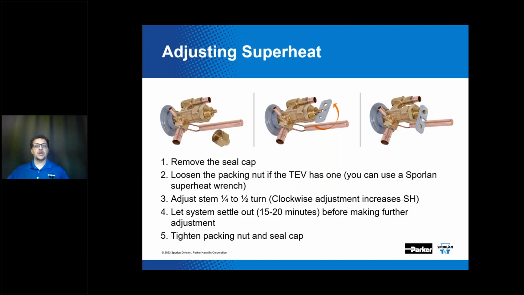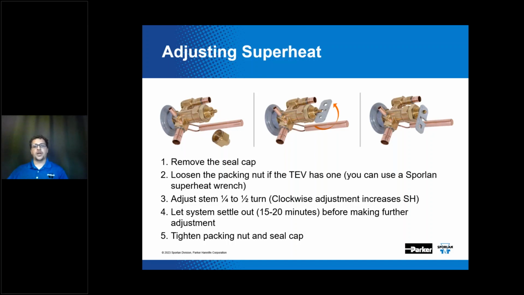You need to give it 15 or 20 minutes before making any further adjustments. We get technicians who make an adjustment 5 minutes after they've already adjusted it, and really what they do is end up chasing their tail because the system has not had time to settle out appropriately.